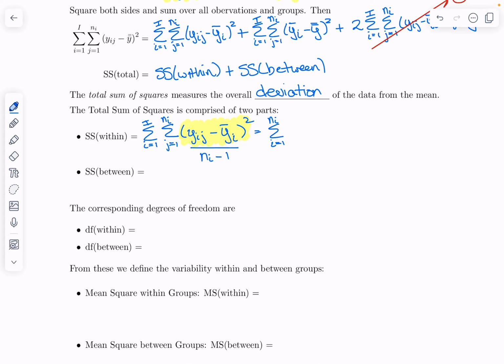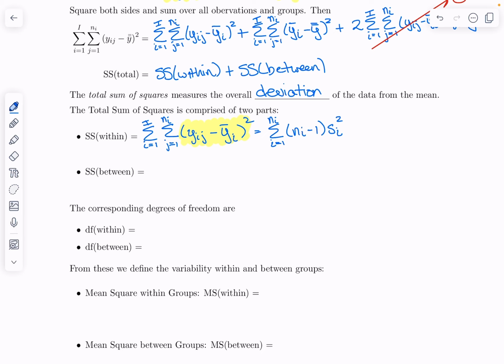So what I really have is n minus 1 times the variance, which is s sub i squared in our notation. So that really simplifies it down. I have n minus 1 times the variance, and I'm summing that up.